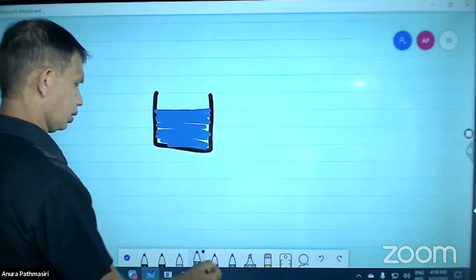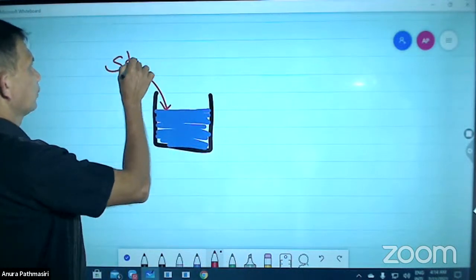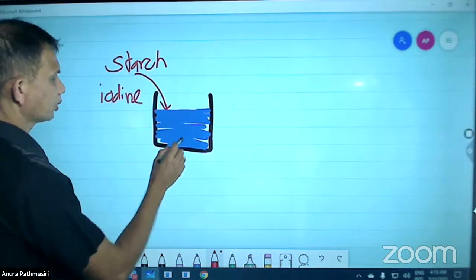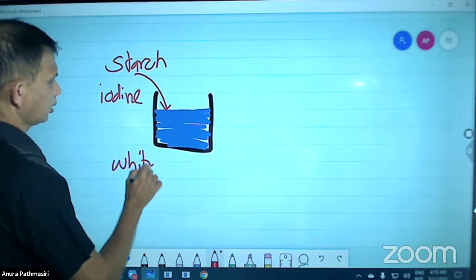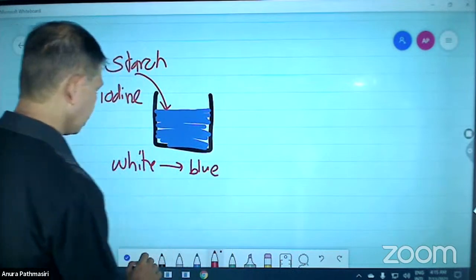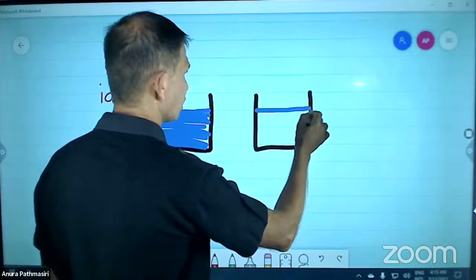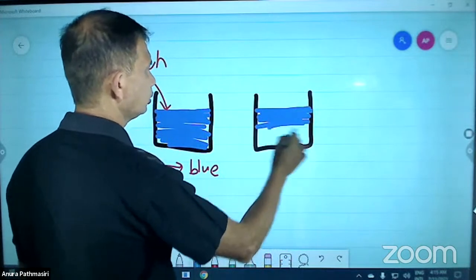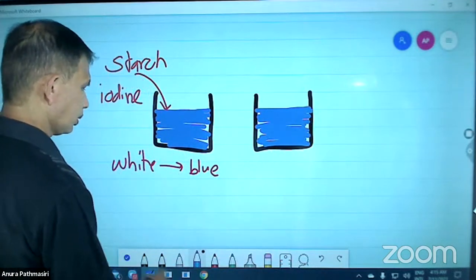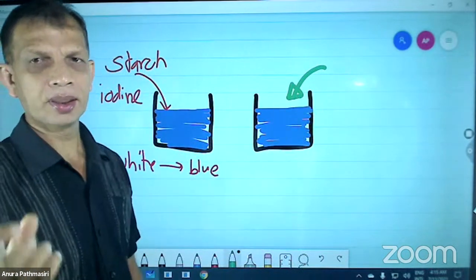So you have starch, and this is starch plus iodine. The starch is white and then turns blue. But in the other solution, in the same way, you have starch and iodine solution, right? But meanwhile, they have added the extract from the green gram.